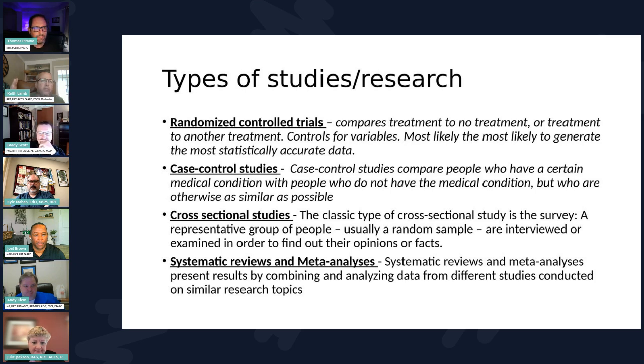So we know that there are different levels of research. We know that anecdote is a sort of level of evidence. It's a very low level of evidence, but it's still a level of evidence.